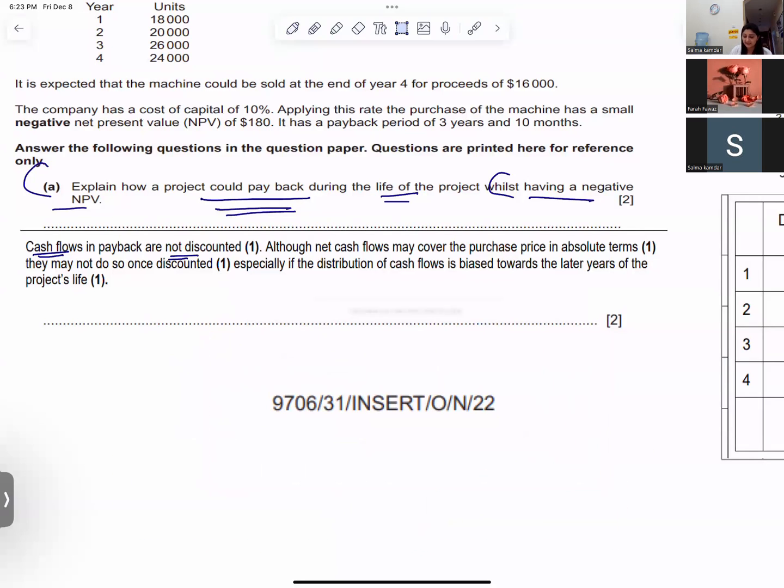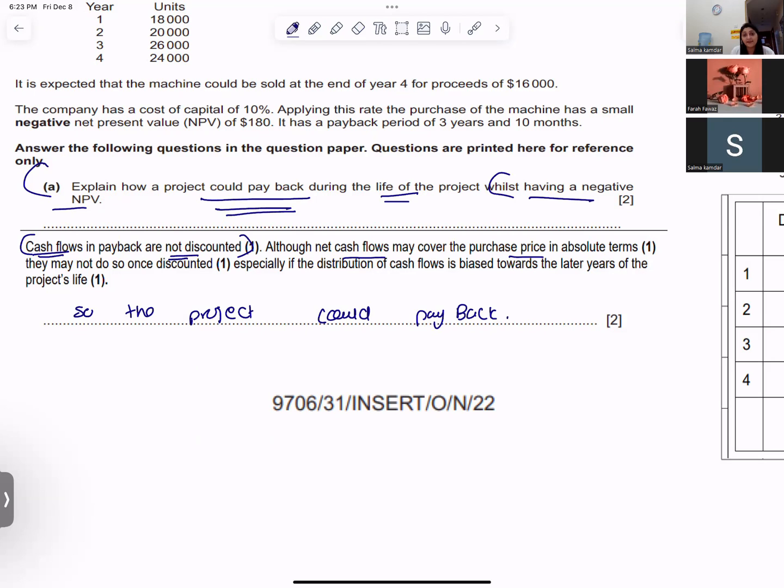Come on, give me your answer, dear. How will I say it? First thing, in the payback period, the cash flow is not discounted. Yes. Okay. So the project could pay back, and the net cash flow could cover the purchase price.